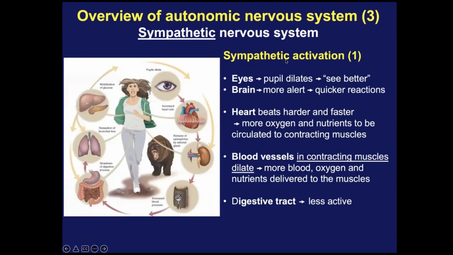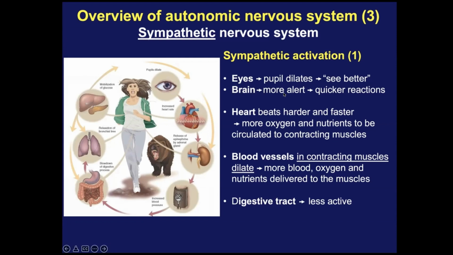During the sympathetic nervous system activation, first in the eyes, the pupil dilates so that more light can enter the eye and the person can see better during a fight or during an escape from a danger.